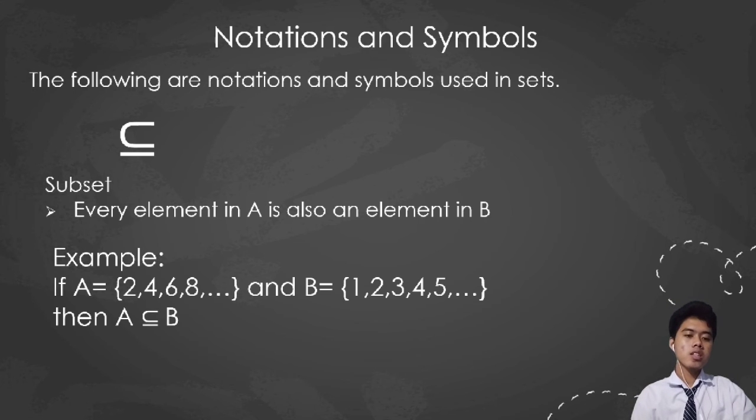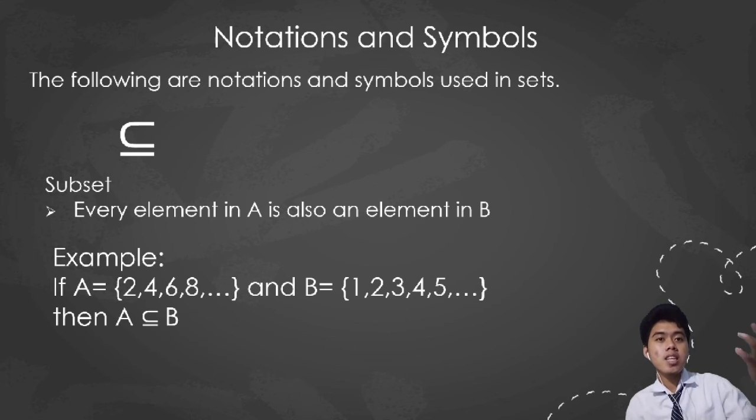And yung set B naman natin is 1, 2, 3, 4, 5, and so on, or counting numbers. Therefore, yung even numbers sa set A ay makikita din natin sa set B, which is counting number. So, therefore, set A is subset of set B.